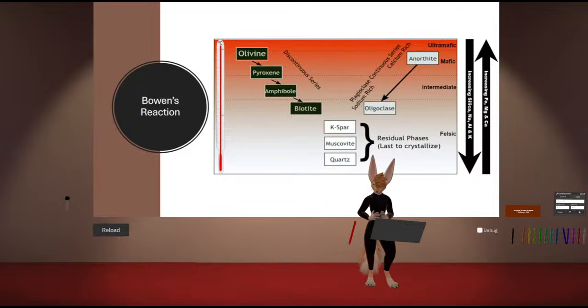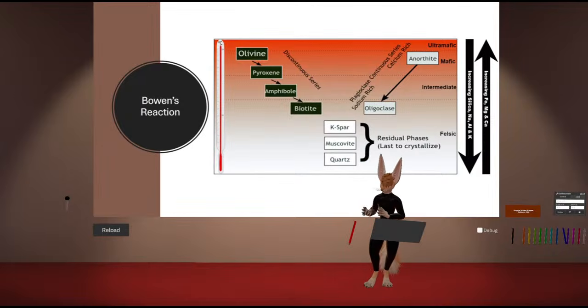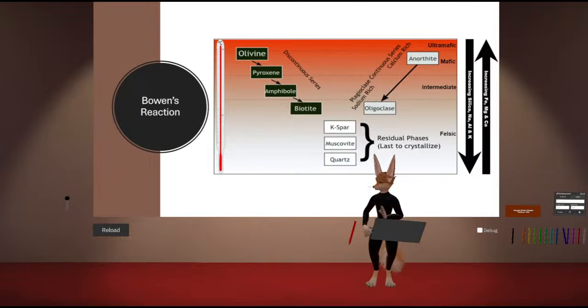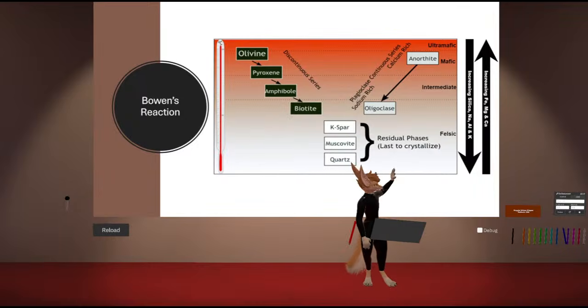In the continuous series of plagioclase feldspars, the calcium-rich feldspar crystallized first at high temperature, and as the melt cools, they change to sodium-rich feldspars. One of the arrows over there we're describing right here, the inner one. This occurs in much the same way as the discontinuous series, except instead of distinct minerals, there is a continuous series of minerals from 100% calcium to 100% sodium.